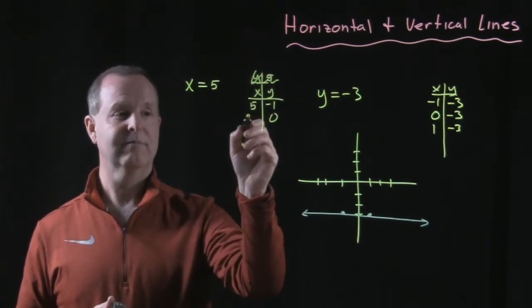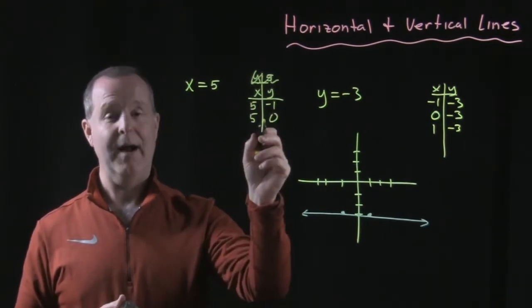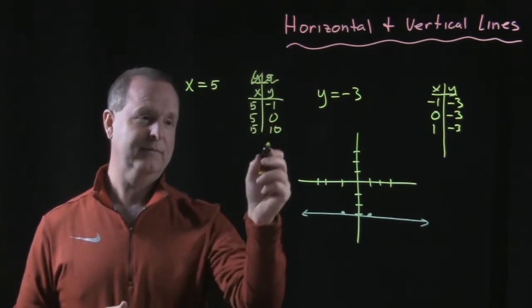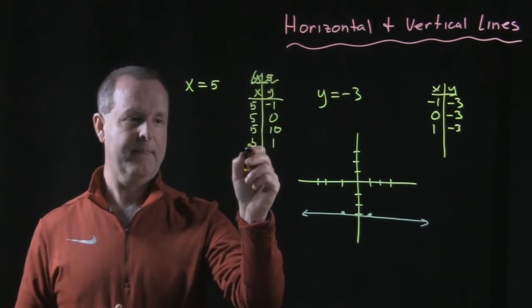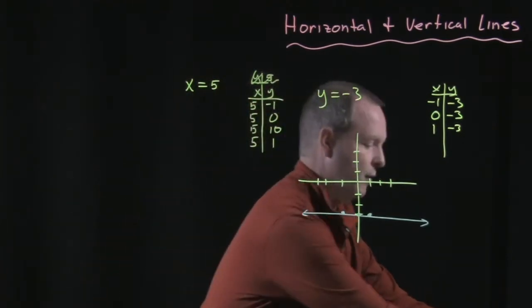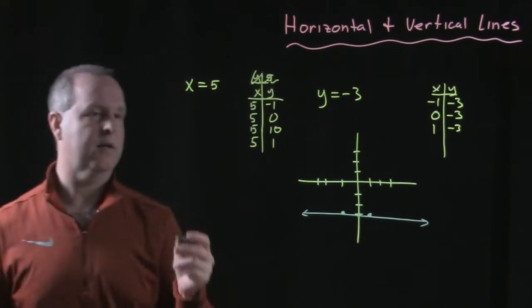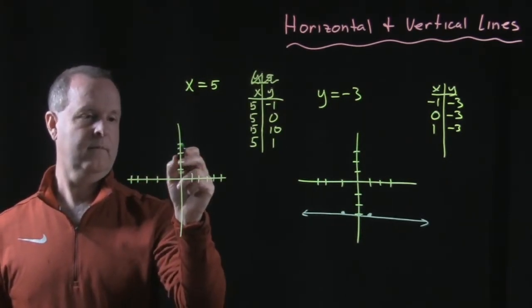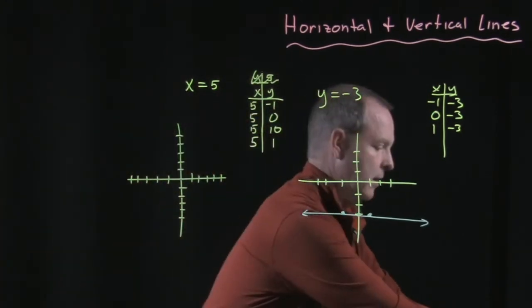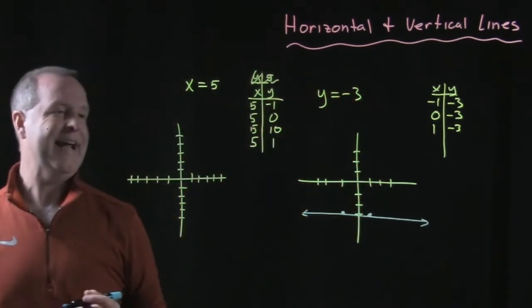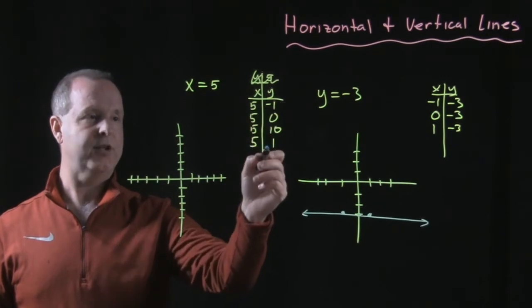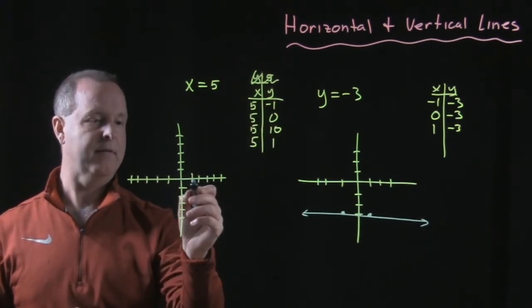If y were 0, x would be 5. If y were -10 or +10, x would be 5. And I'm going to choose 1, and so forth. So if we wanted to plot and graph those particular points, it looks like regardless of whatever value of y I chose, my x value is over at 5.